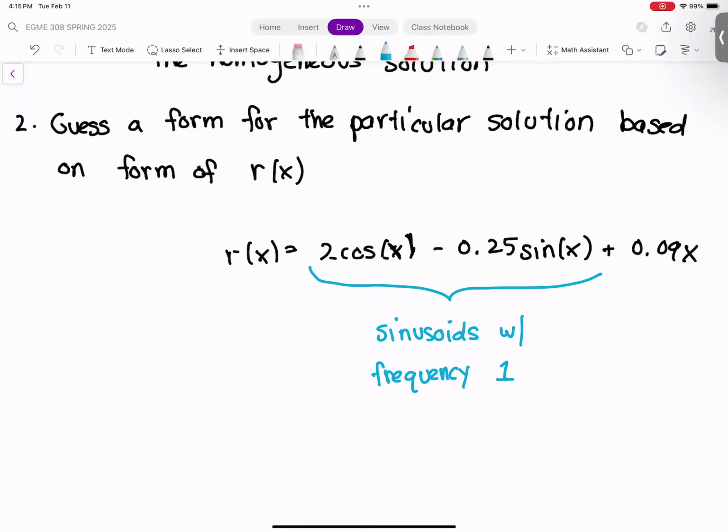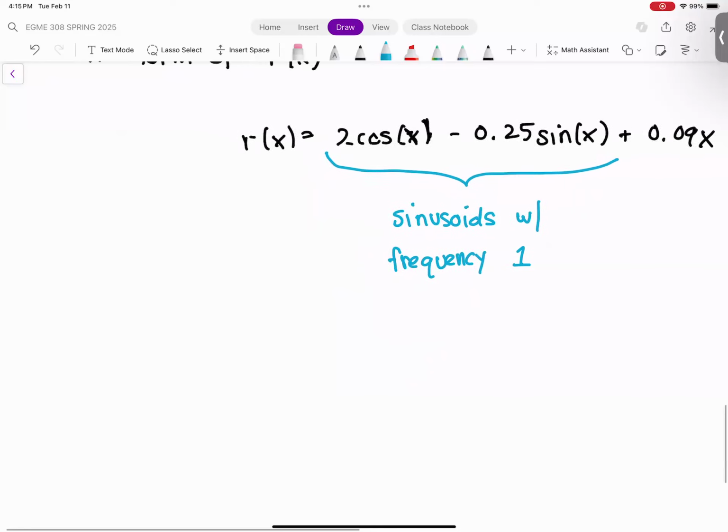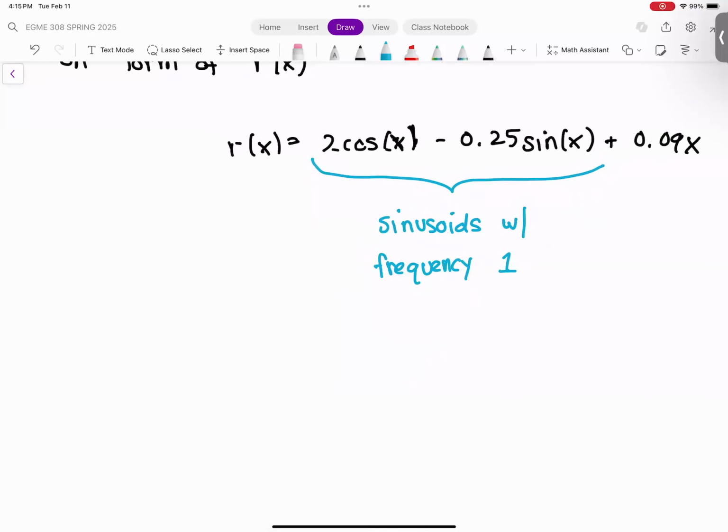Remember, the frequency of a sinusoid is the coefficient inside the argument. So since this is just cosine x and sine of x, that's basically the same thing as cosine of 1 times x and sine of 1 times x. So the frequencies of these is just 1. Okay. And that means our particular solution must also have sinusoids with frequency 1.